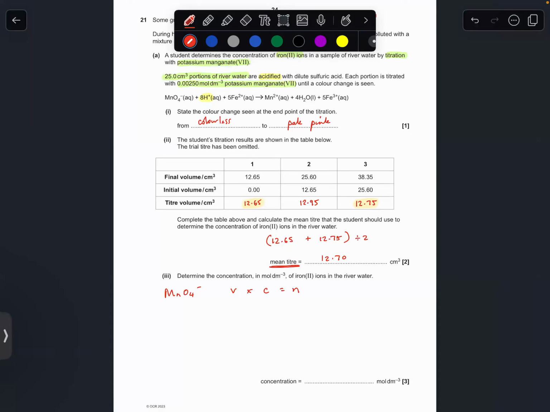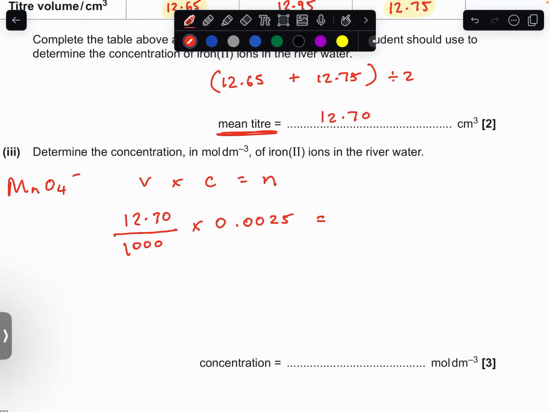The volume is 12.70 divided by 1,000 multiplied by the concentration, which is given in the question. That gives 3.175 times 10 to the minus 5 moles.